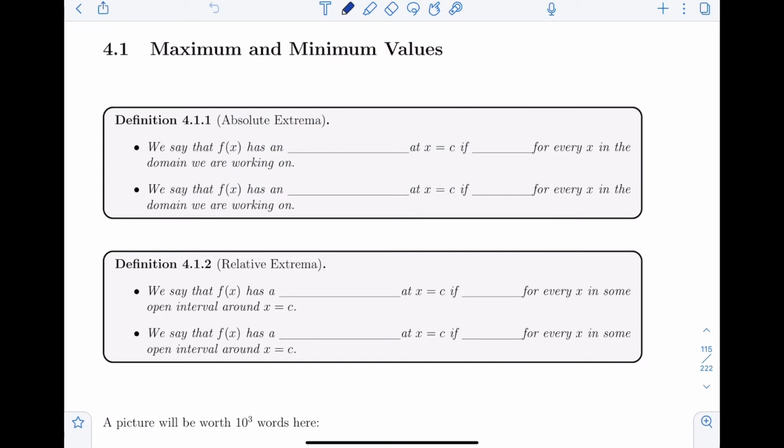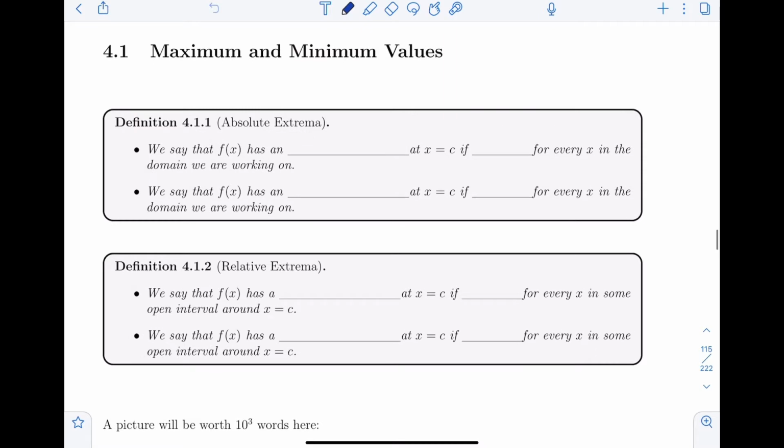So we say that f has an absolute maximum at x equals c if f of c is greater than or equal to f of x for every x in the domain that we are working on, okay?